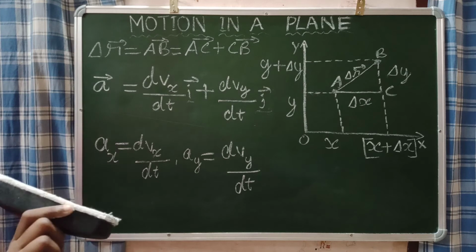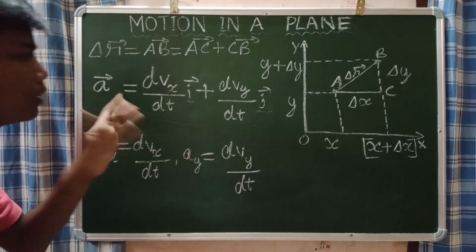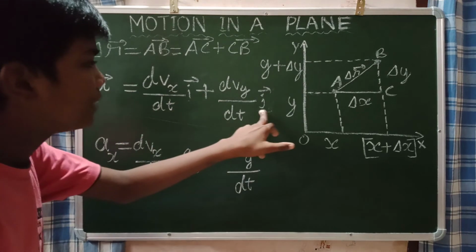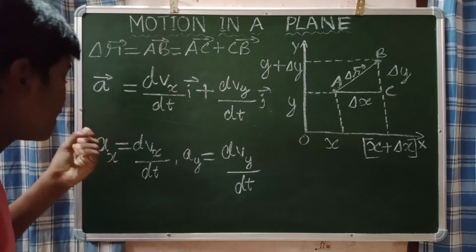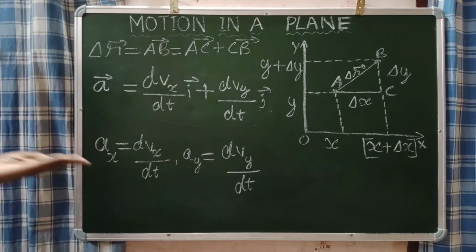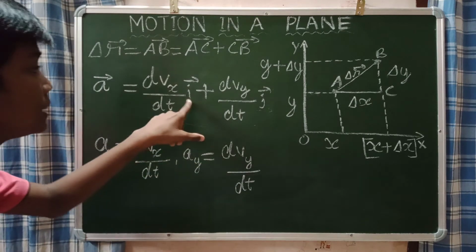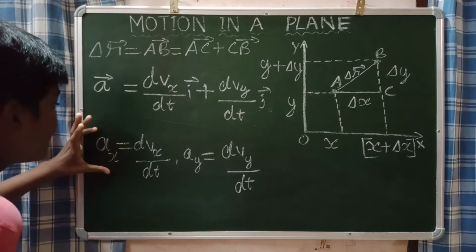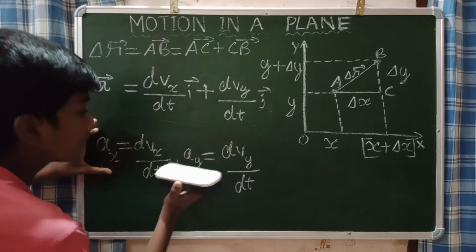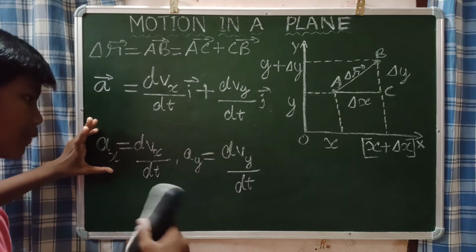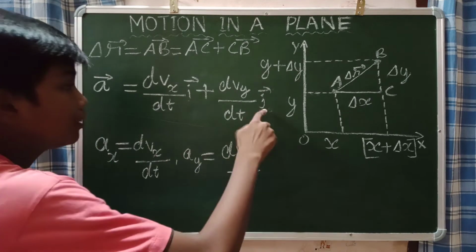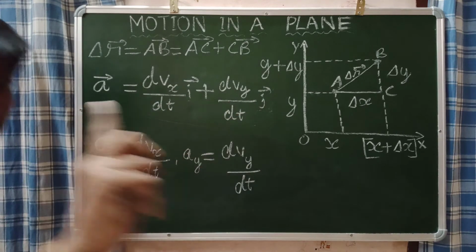Very simple, guys. I do not want to represent the i and j unit vector after this. Whenever you are representing component-wise acceleration or velocity, you should not add the i and j unit vector. That is one rule. Okay.